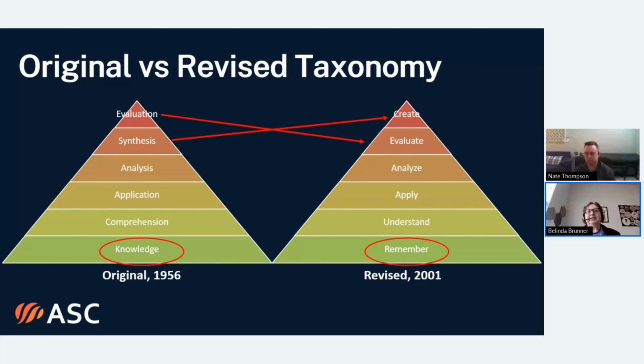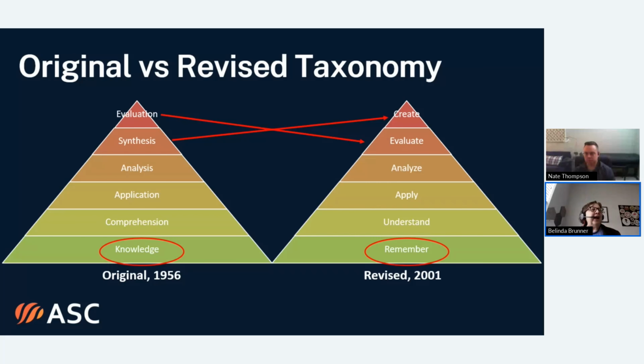You just need the knowledge. Then the next domain was comprehension. You need to be able to understand. Application, you need to be able to apply. Analysis, you need to be able to analyze. Then synthesis and evaluation. And it was arranged in a hierarchy.